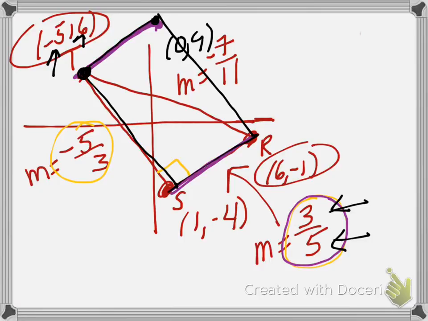Well, at this point, all I really know is it's a parallelogram. But it's a rectangle because we said before there's a right angle over here, and a parallelogram with a right angle would be a rectangle.